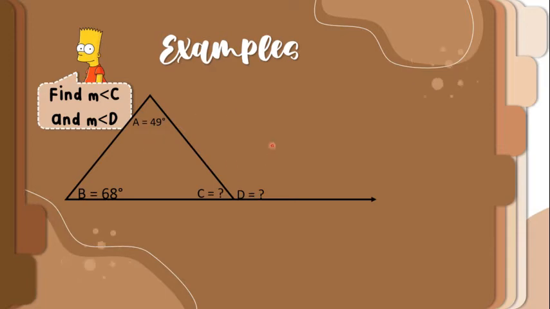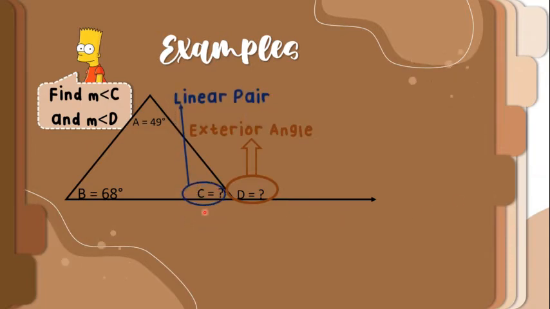But before we start our solution, let us first identify the angles that we have in our figure. Now, we have here angle D as our exterior angle, but the value is unknown. The next one to identify is angle C. Angle C is the linear pair of angle D, because together angle C and angle D is equal to 180 degrees.